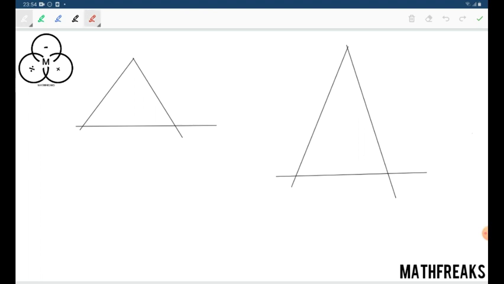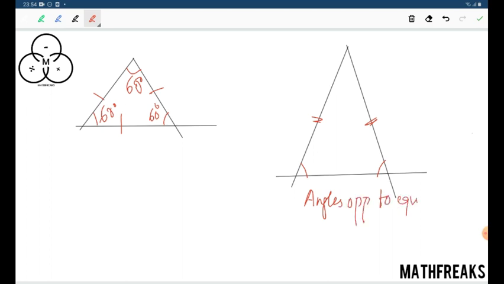If this is an equilateral triangle, then all the angles are 60 degrees, and all the sides are also equal. And if this is an isosceles triangle, say this side and this side are equal, then this angle and this angle are also equal. That is, angles opposite to equal sides are equal.